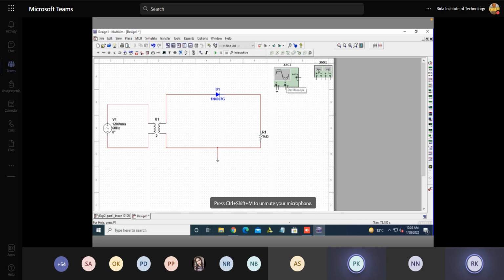Now connect channel A. Connect here. And minus of channel A, you connect to ground. Okay, good. Now channel B, you can connect to primary.